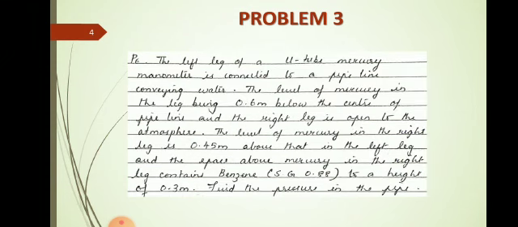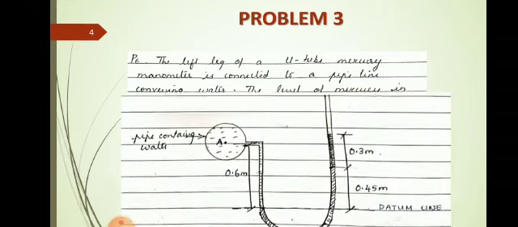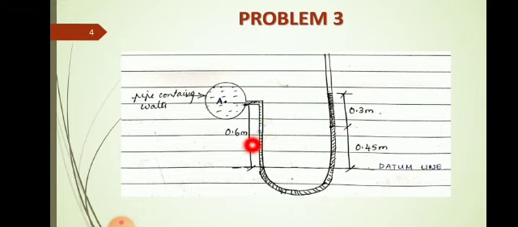And what is the level of mercury in the right limb? See the question. The right leg is open to the atmosphere. The level of mercury in the right leg is 0.45 meter above that in the left leg. So in the left leg, this is the level of mercury, and in the right leg it is 0.45 meter above the level of mercury in the left limb.